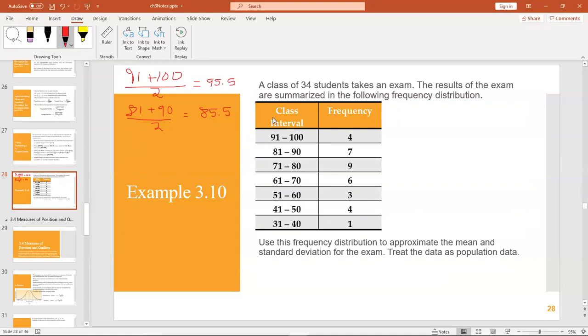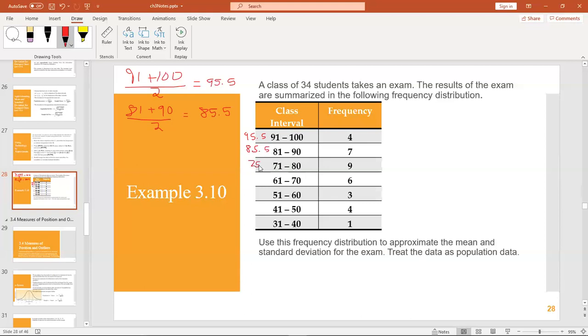And it turns out that the averages are always going to be the 5.5 of that range. So basically this one is 95.5. This one will be 85.5.